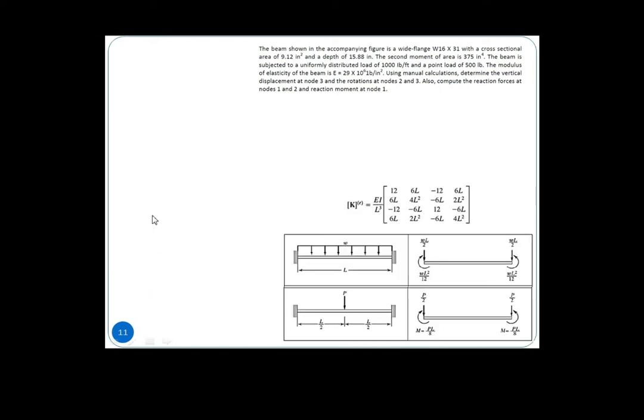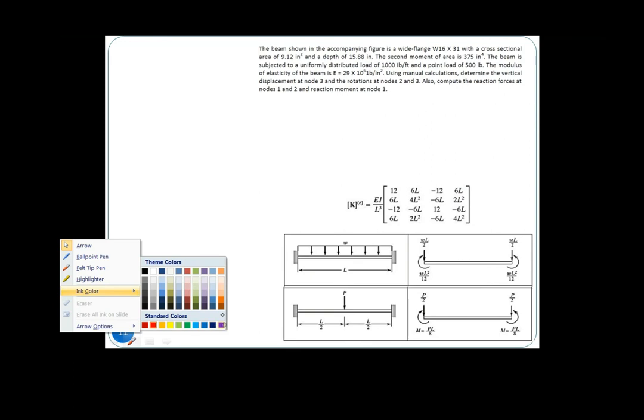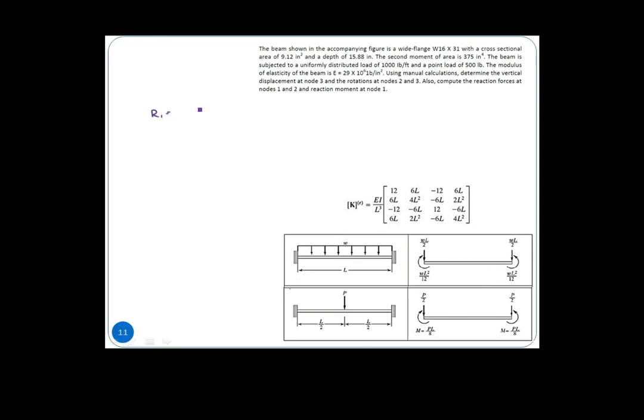For your information, once you compute it, you will get R1 equal to 6062 pound, M1 equals 142494 pound inch, R2 equals 4438 pound. All right, so that gives us our final result.